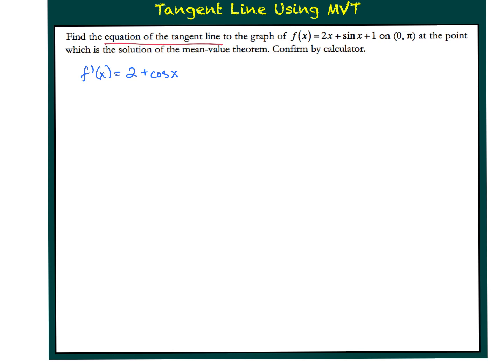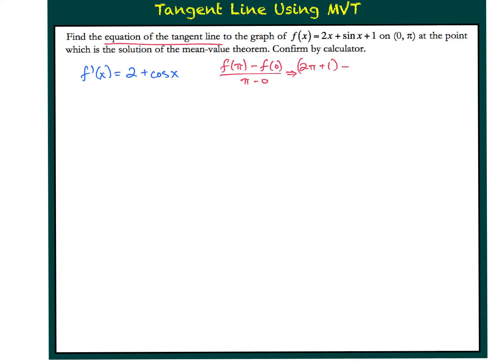Now I need to find the algebra slope. So now I need to find f of pi minus f of 0 over pi minus 0. Good thing we know our unit circle. So now I substitute in pi. 2 times pi is 2 pi. And then what is the sine of pi? 0. And then what's 1? It's just 1. All right. So I got 2 pi plus 1.